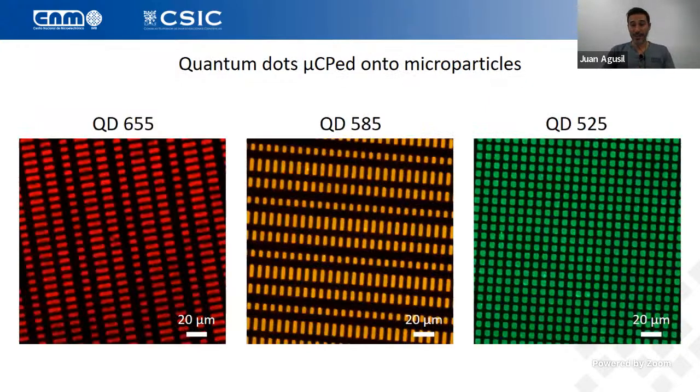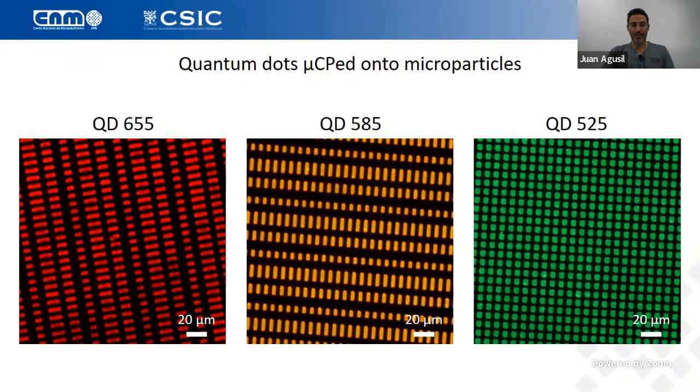Moreover, we can use the same technique to add quantum dots of different wavelengths to these microparticles. The shapes of the microparticles are the ones that were shown previously, but in this case the images remain on the substrate. These can also be liberated, but as you can see, it's a homogeneous procedure to create functional, or in this case tagged, microparticles along the substrate.